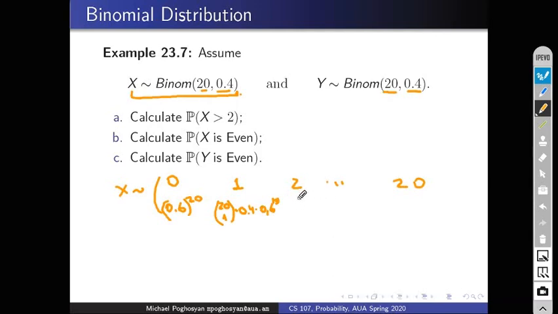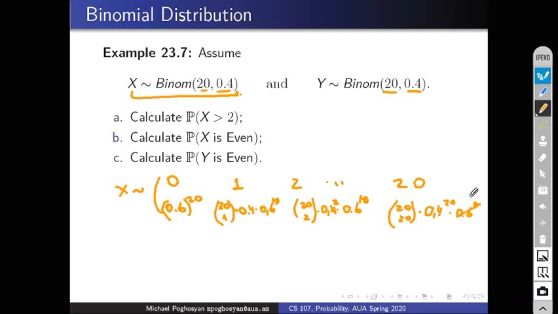And for 2 we will have 20 choose 2 times 0.4 squared times 0.6 to 18. And for 20 we will have 20 choose 20, which is 1, times 0.4 to 20, and times 0.6 to 0.